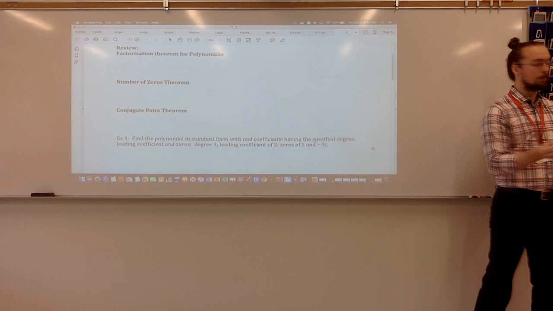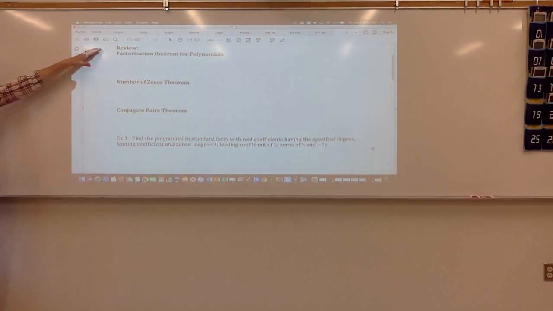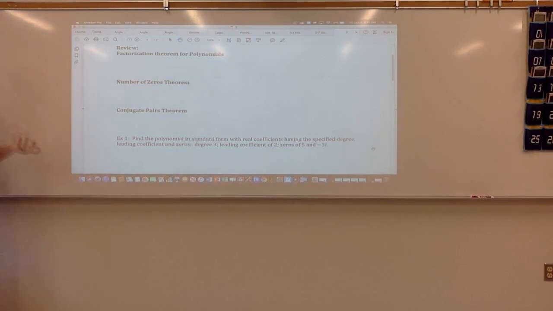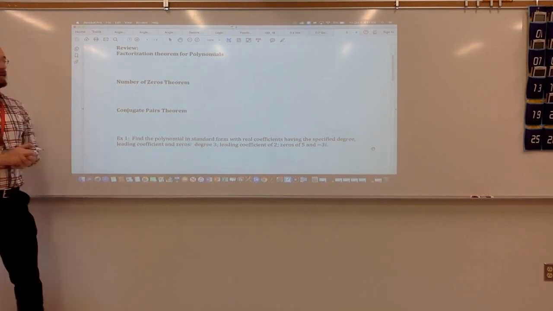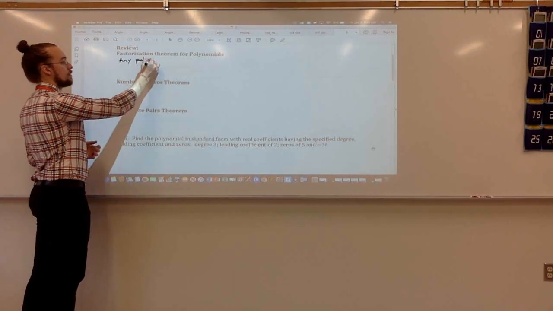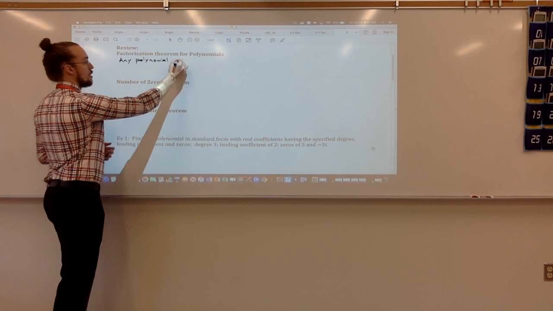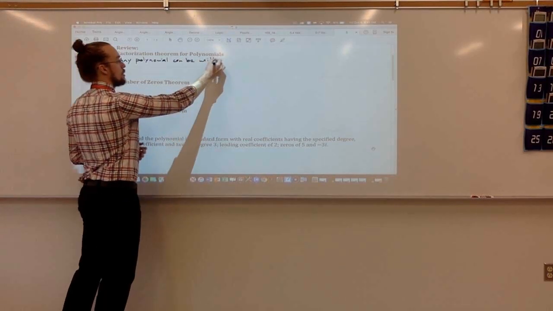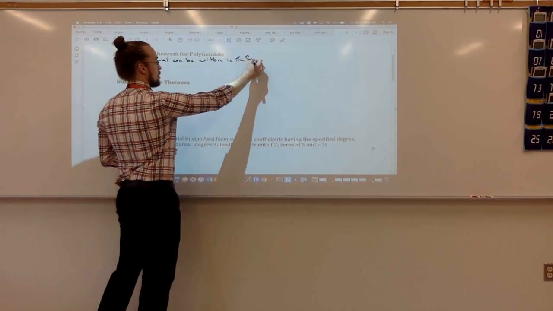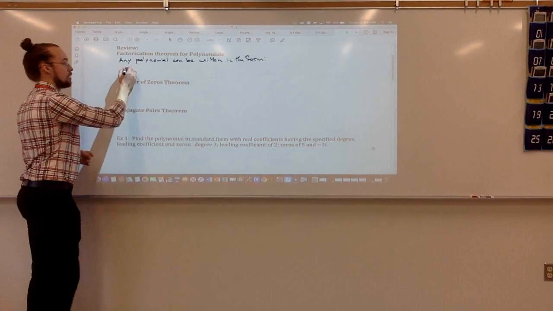So, okay, real quick, just going to review these three ideas. The first, the factorization theorem for polynomials. This just says that any polynomial can be written as a set of factors being multiplied together. Any polynomial can be written like this.